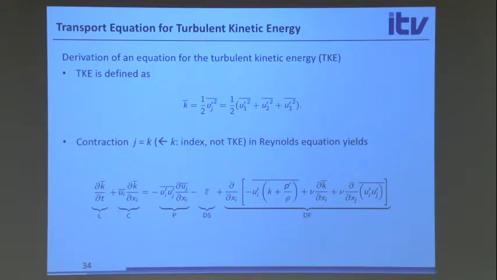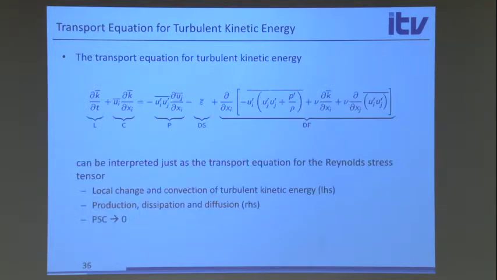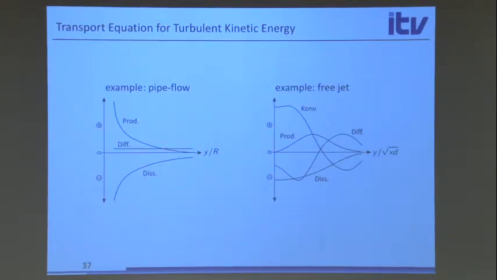And there are a few more here, but the point is all of this is just redistribution. It's kind of a viscous or turbulent viscosity. Okay, so this is the dissipation. As I said, this just describes these individual terms, which we have just done.